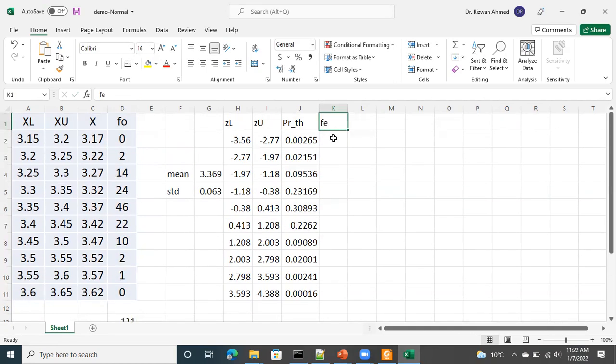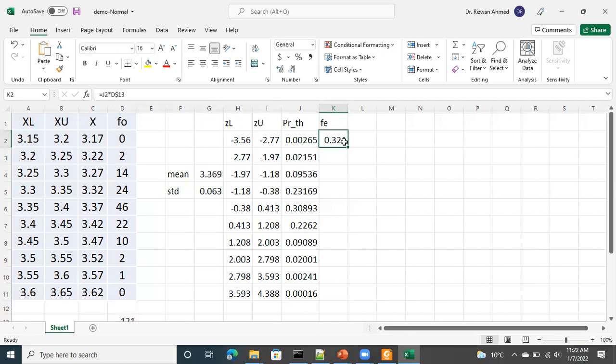So the probability of finding the value here, and then the frequencies are this value times the total number of observations, at location D13, or you can simply write 121 for this problem.